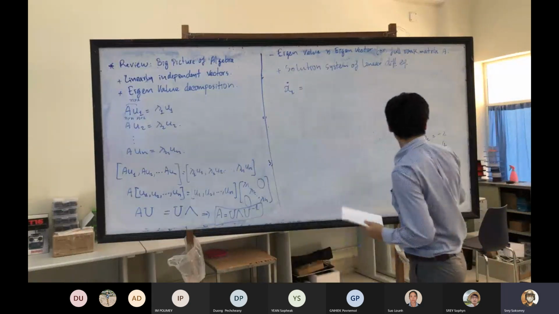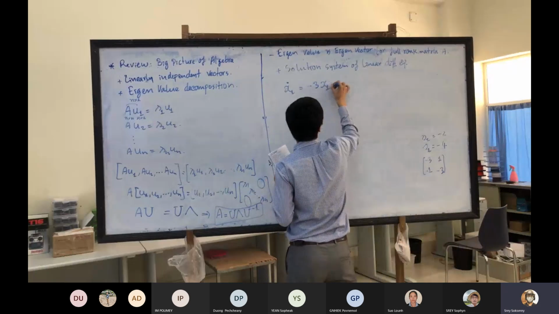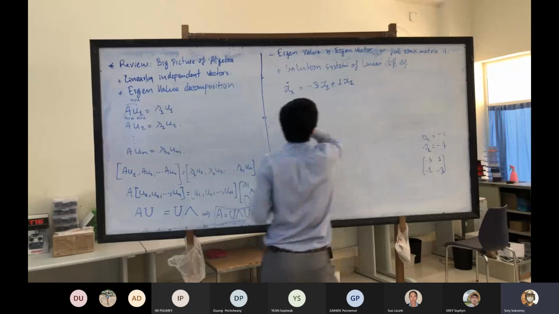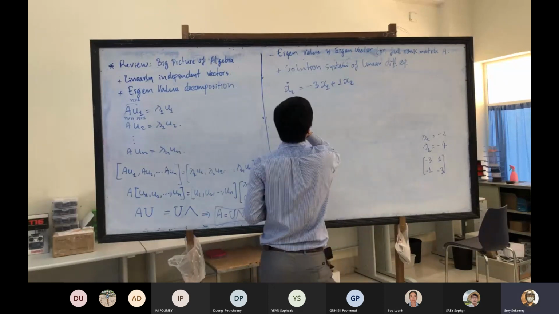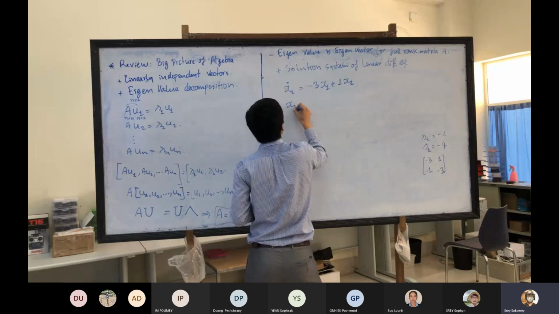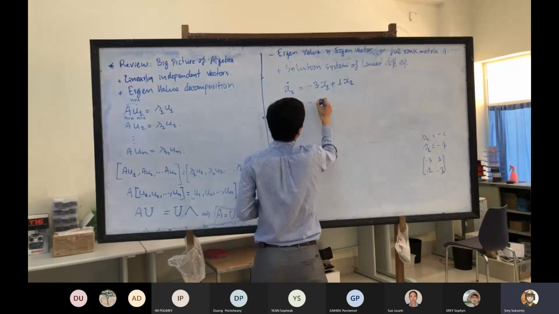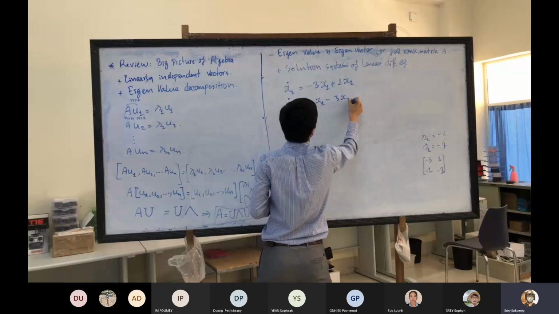Okay, so x1 dot equal to minus 3x1 plus 1x2. x2 dot equal to minus x1 minus 3x2.